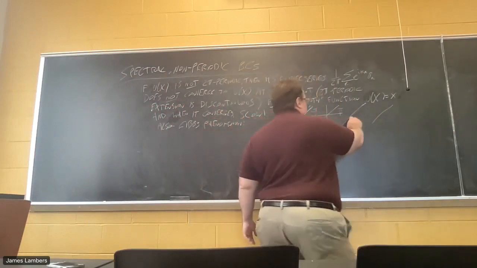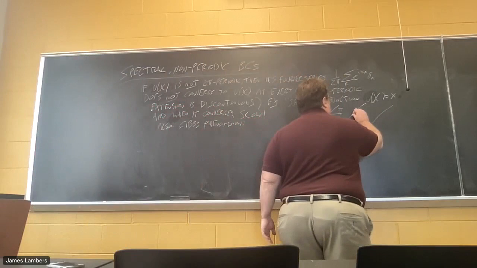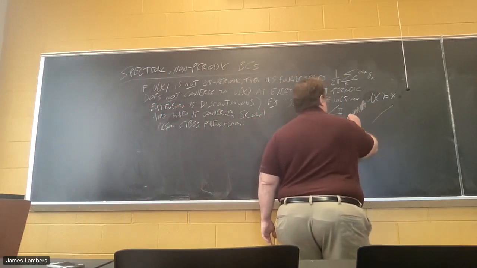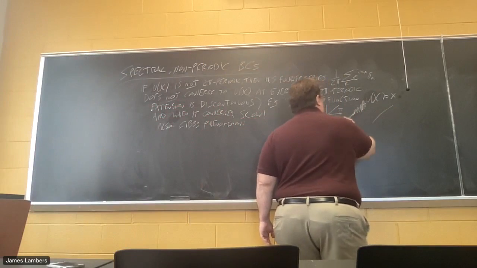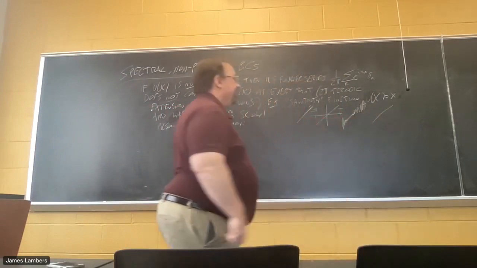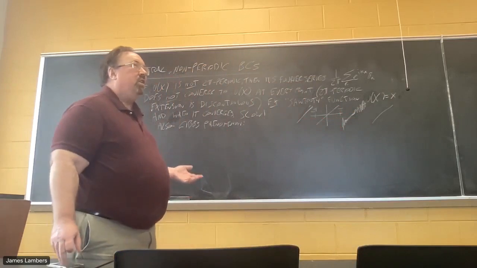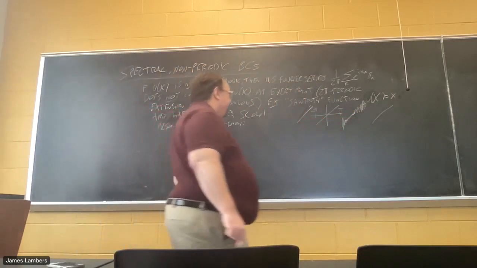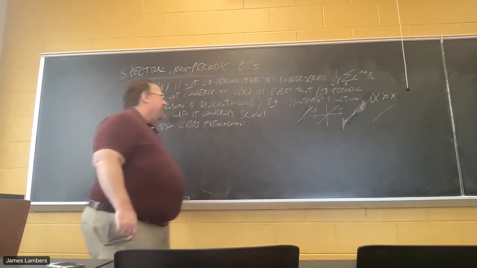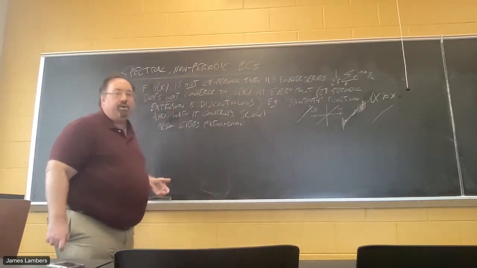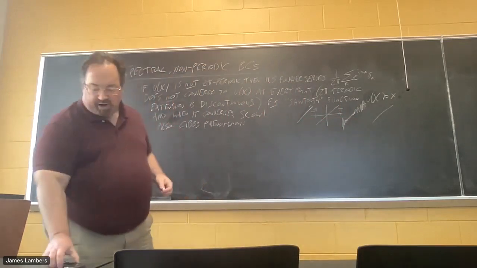But as you move closer to these points of discontinuity, you get behavior like this: nasty high frequency oscillations that grow as you approach a discontinuity. So it's really not a good approximation to your function at all. This is why we try to avoid using Fourier series for non-periodic functions.